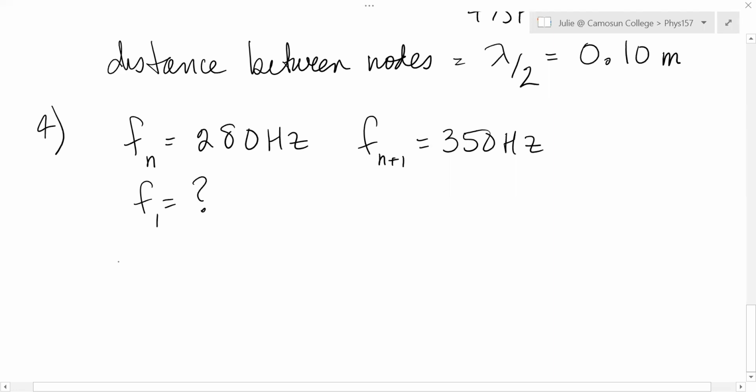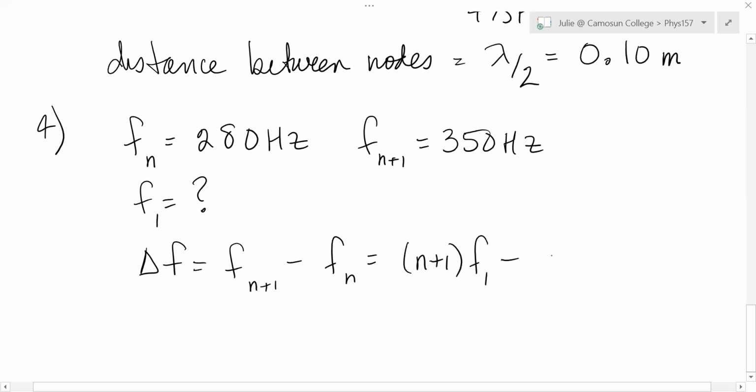Well, we know that from normal mode to normal mode, the difference is the fundamental. So the change in frequency would be Fn plus 1 minus Fn. And Fn plus 1 is n plus 1 times the fundamental, and Fn is n times the fundamental.